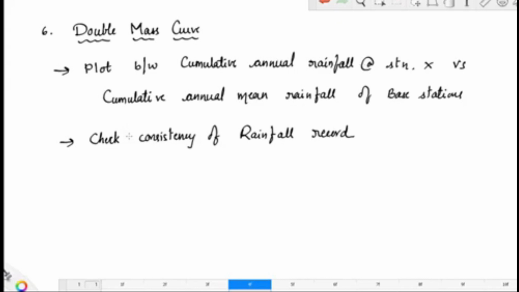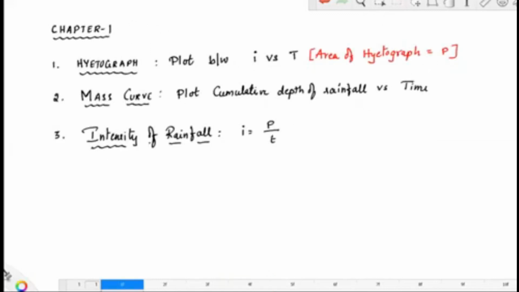Better to write it as always: check for inconsistency of a rainfall record. If it is consistent, then not required for us. So this PDF immediately I will be uploading. So these are the things which you require from chapter number 1.